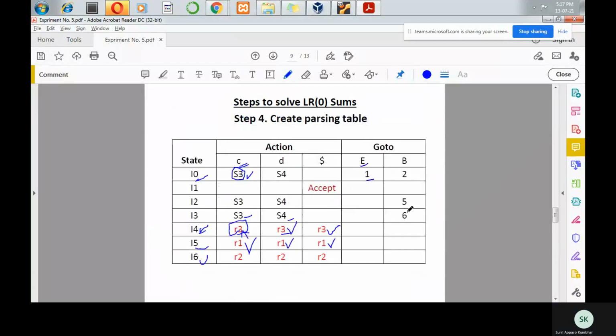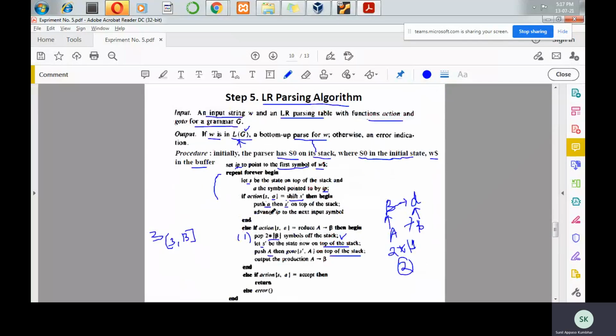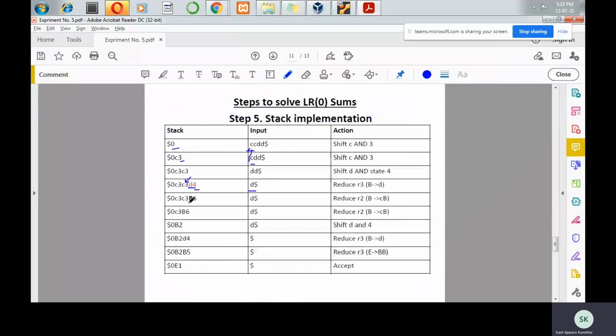So yes, here you can see B is first pushed and go to 3 comma B becomes state 6. So the entry is added.